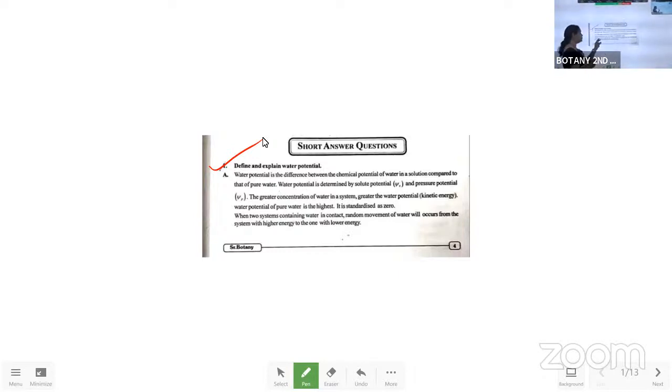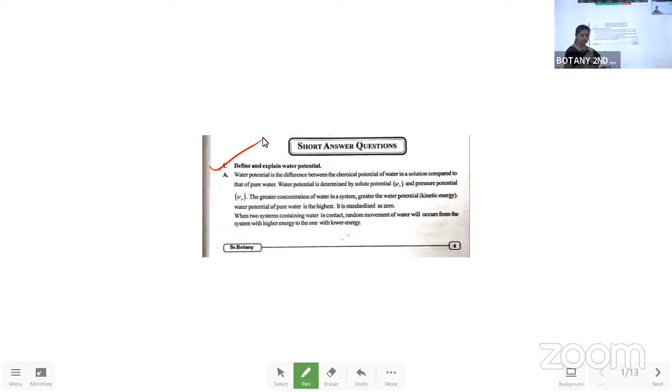Even you can write on your own. The definition we need to write, and what is the equation, and in which solutions we can see this, and after that, what is the common and the highest water potential. If we have written that, damn sure at any cost we will get 4 marks.